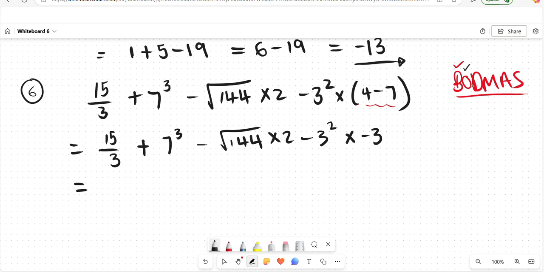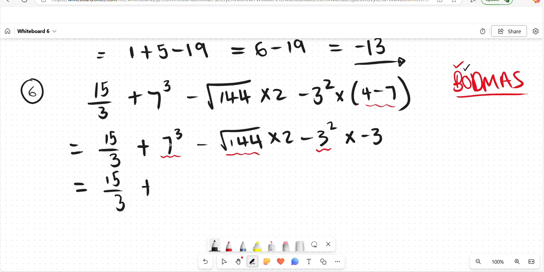Then I need to do my orders. The orders are this guy, and this guy. Remember, it includes the exponents and the radicals. So radicals is anything that has a square root or cube root there. So I'm going to keep this 15 over 3.